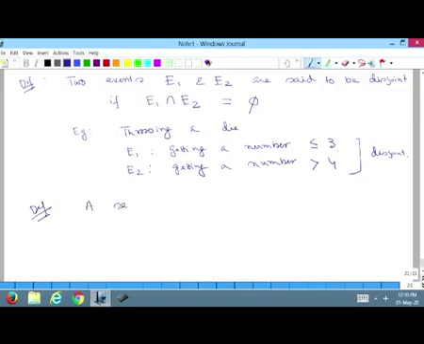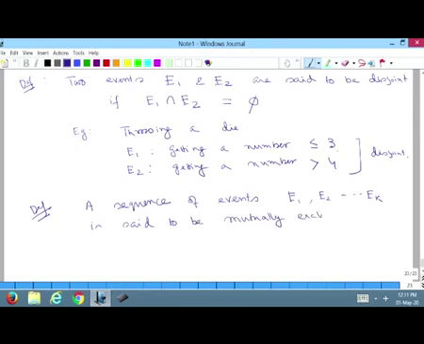A sequence of events, say E1, E2, up to Ek, is said to be mutually exclusive if Ei intersection Ej is equal to phi for all i, j belonging to 1, 2, 3 up to k and i not equal to j.